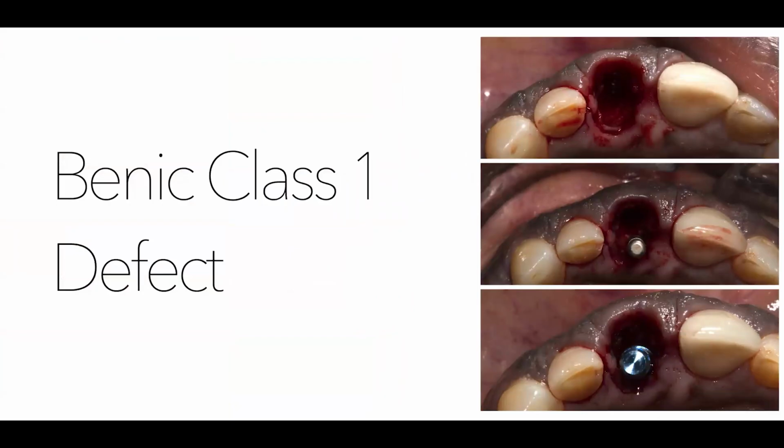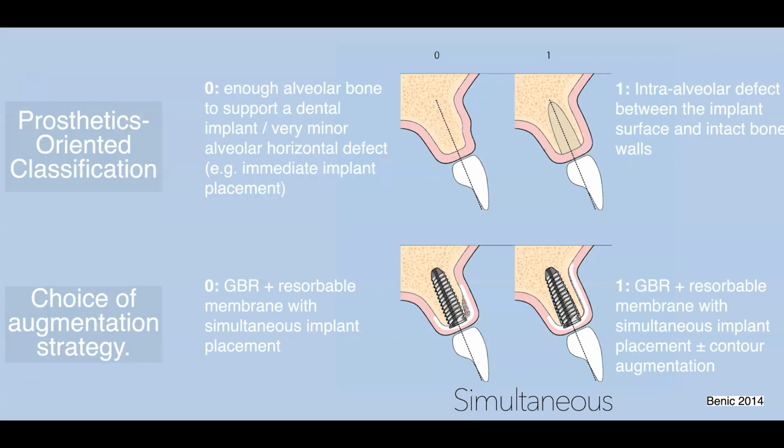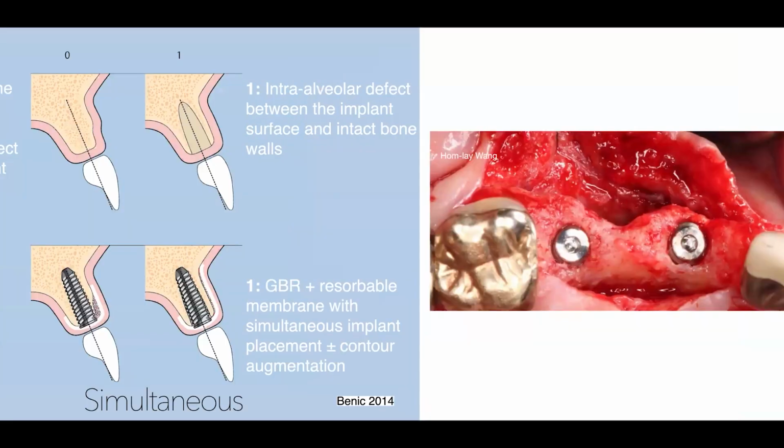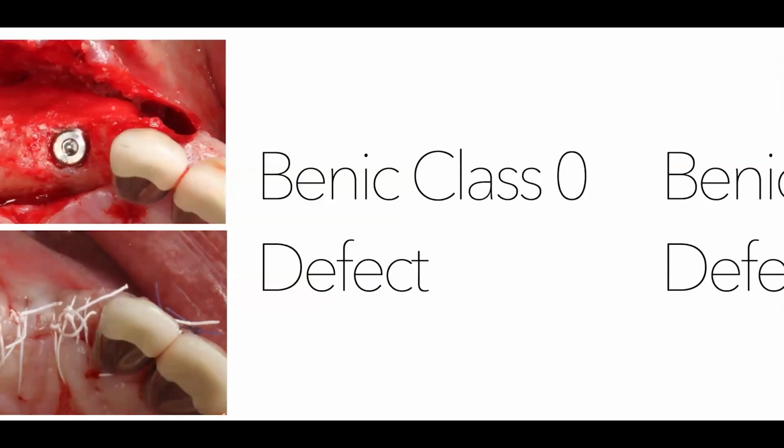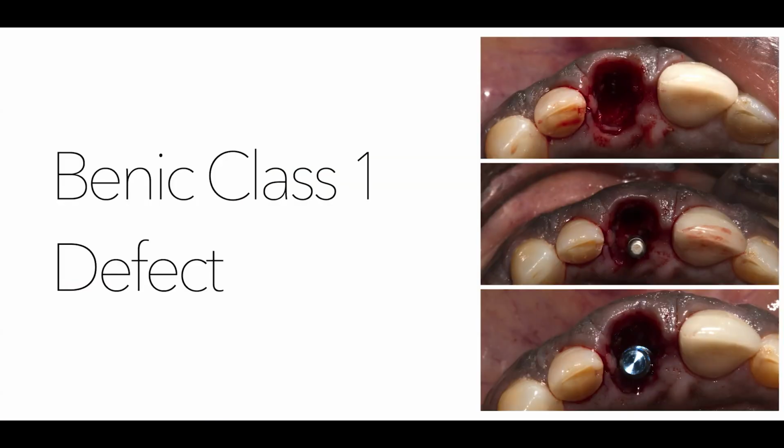Bennett class 1 is a fully contained defect. It's a defect in an extraction socket, and we can see that Bennett in both 0 and 1 recommended simultaneous placement. If we go back, we'll see that what was recommended is simultaneous in both cases, 0 and 1. Class 0 has no defect, and in class 1 the defect is fully contained.